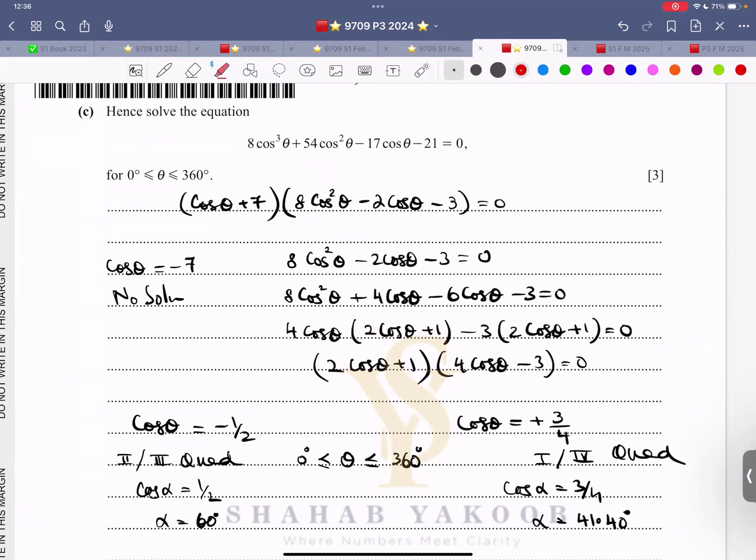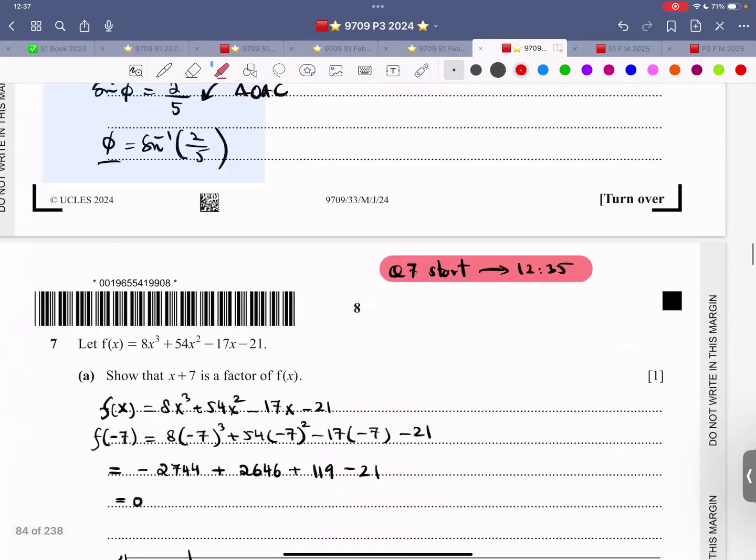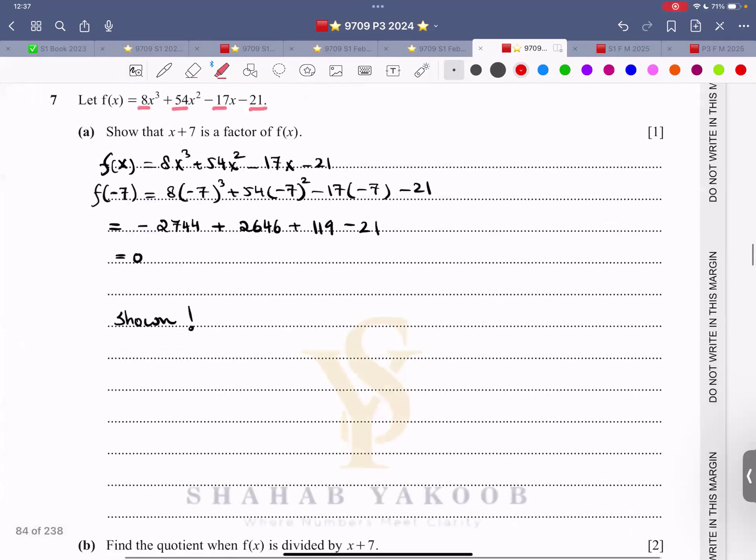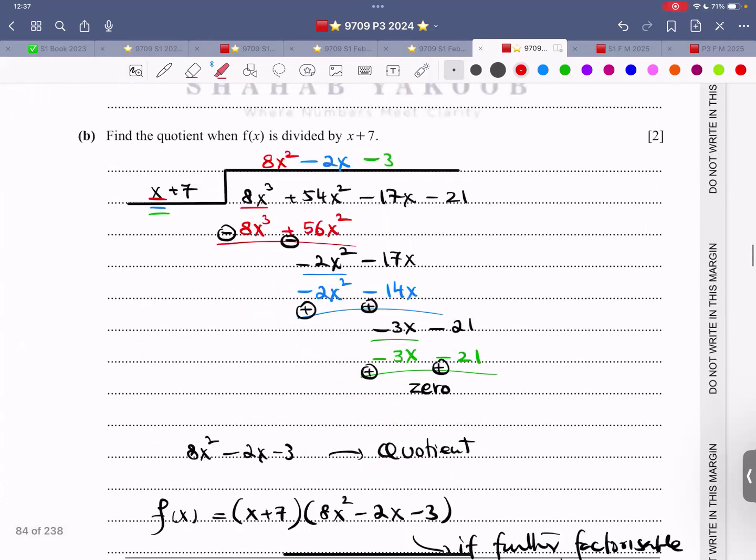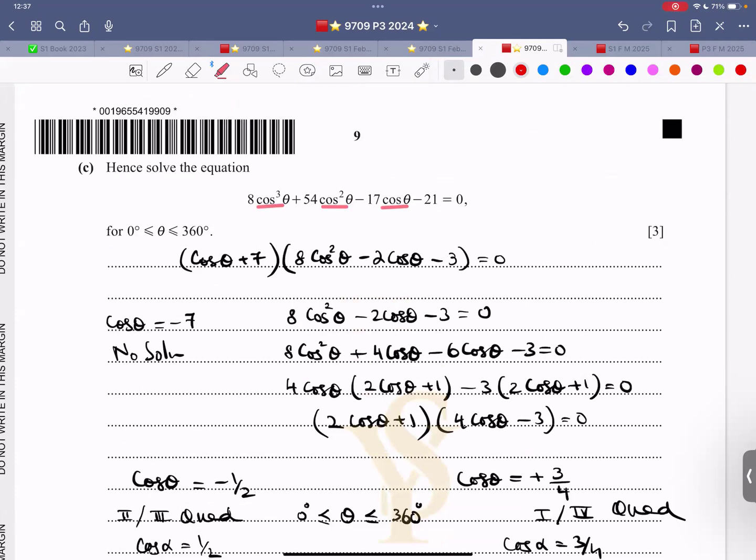Now, what do you see? 8 cos cubed theta, 54 cos squared theta, 17 cos theta. So 8, 54, -17, -21. X is replaced with cos theta. So write for yourself, x is replaced with cos theta.